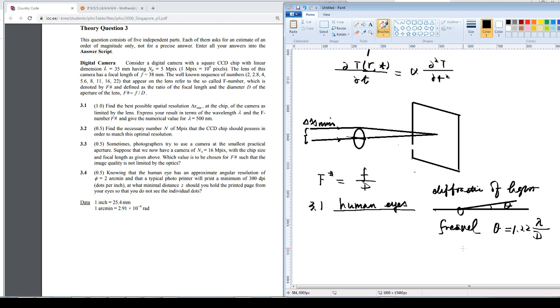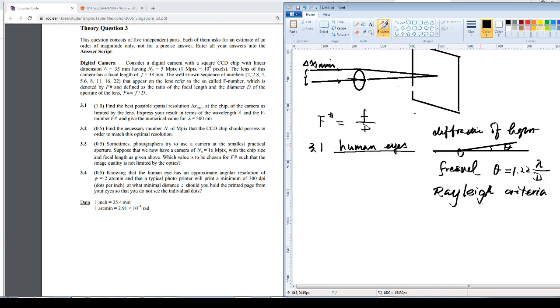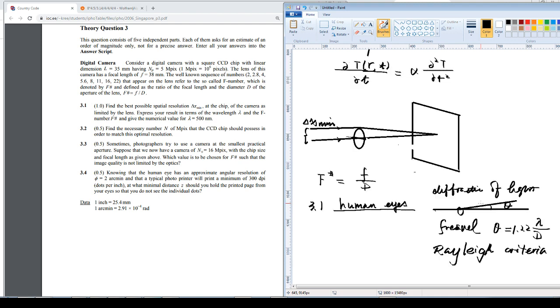The other result is something called the Rayleigh criteria, from Lord Rayleigh. This one says the distance between the images of whatever you want to see, the objects, has to be bigger than the wavelength of light.